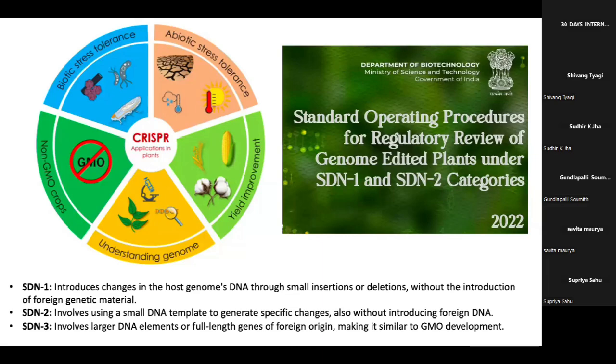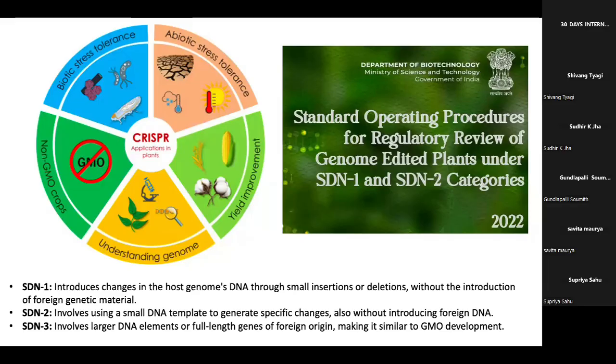So in SDN 1 and 2, we are not bringing any foreign DNA or gene from any other organism. We are making certain base pair changes in the DNA or the genome of the plant. That can be random, if you want to knock out some gene.